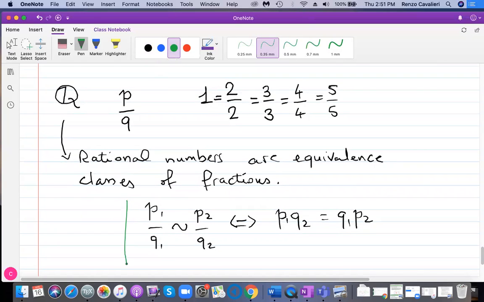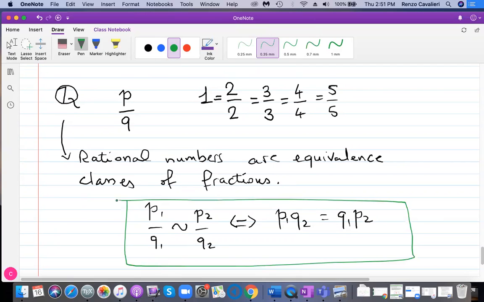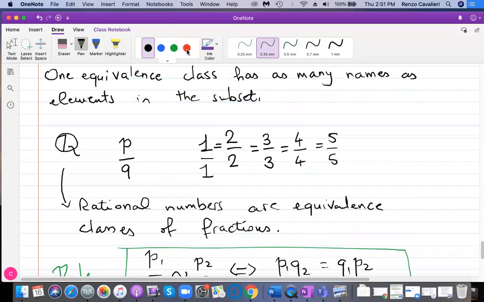This, again, is a rule of equivalence that satisfies the three axioms, so that works. And if you use this rule of equivalence, you'll decide that 1 over 1 is equal to 2 over 2 is equal to 3 over 3, and so on and so forth. Okay, so that's a fantastic example of equivalence relations.